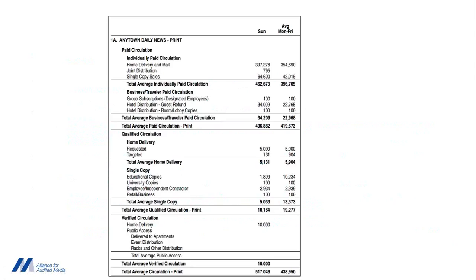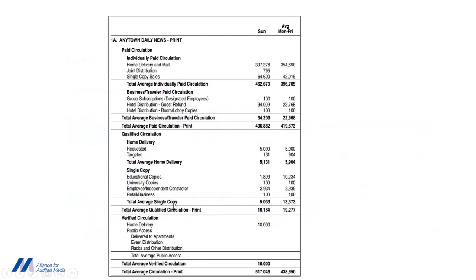When you see an AAM document for newspapers, the very first thing you will notice is the paragraph 1 information. Paragraph 1 is the average distribution for paid, qualified non-paid, and verified. Paid distribution is as long as the subscriber or consumer paid at least 1 penny for the publication, it's considered paid distribution.